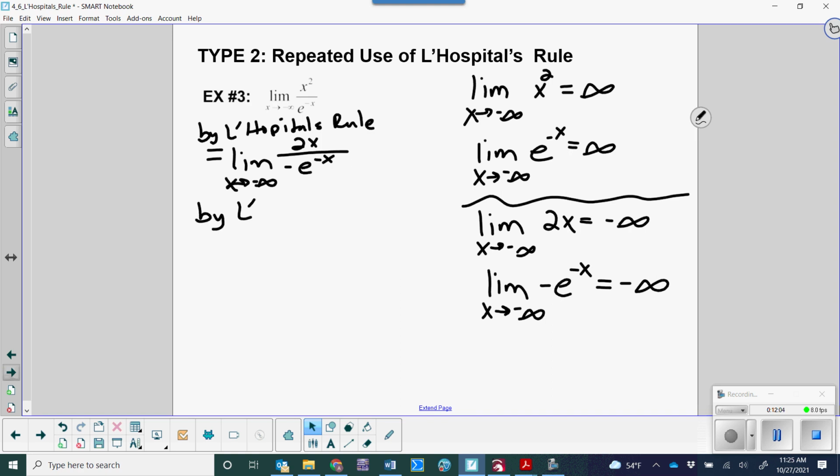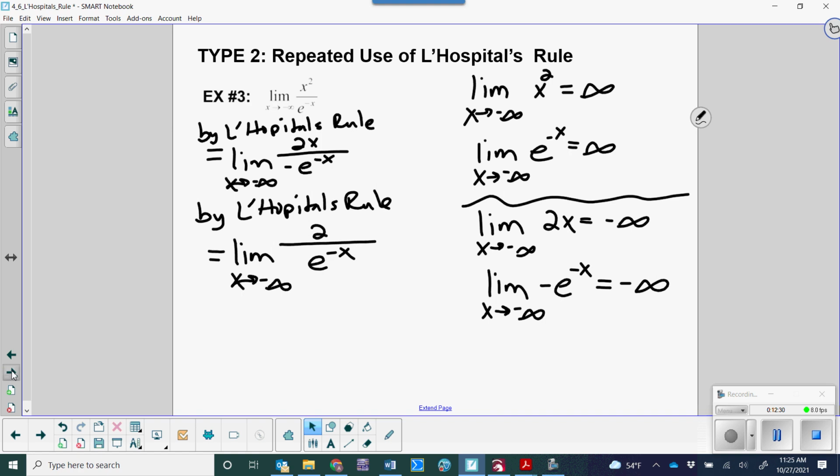So now I'm going to say by L'Hopital's rule, I'm going to say this equals the limit as x goes to minus infinity. Now, derivative of the top is 2. Derivative of the bottom is just e to the minus x, because the negatives will cancel, because I'll get another negative when I do that. Now, I do not get an indeterminate form anymore because the top is a 2.